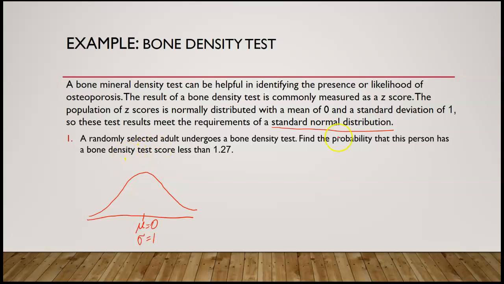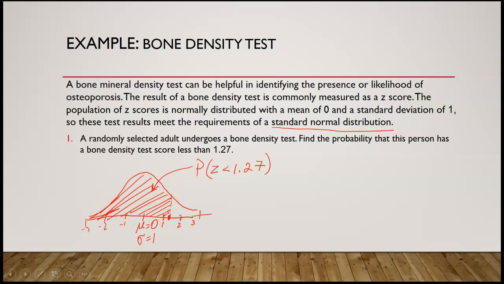We're looking for the probability that the person has a bone density test score less than 1.27. The z-score of 1.27 is located somewhere here. We will be looking for the probability of a z-score that is less than 1.27, so it's located on the left of the z-score.